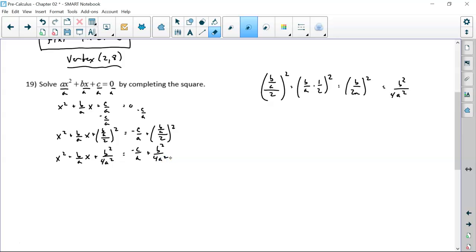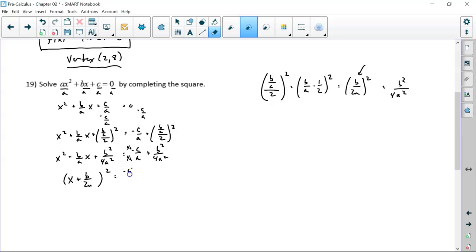All right. On the left-hand side, it's easier to factor than it looks. It's x, and now remember, the next number is just going to be plus, because it's positive, b over 2a. It's right there from when we divided by 2a. Equals negative, now before I do that, I'm going to get a common denominator. So to get that common denominator, I have to multiply the numerator and denominator by 4a, because my common denominator is 4a squared.